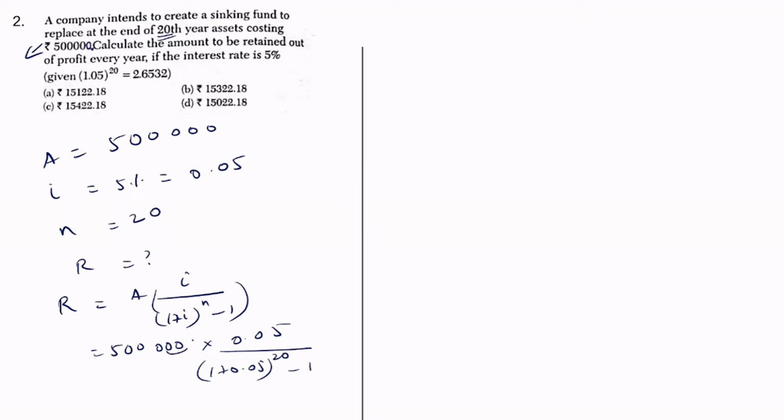If we remove these 2 zeros, we will have 5,000 into 5, which is 25,000. So it is 25,000 upon 1.05 the whole raised to 20 is 2.6532 minus 1. So it is 25,000 upon 1.6532.